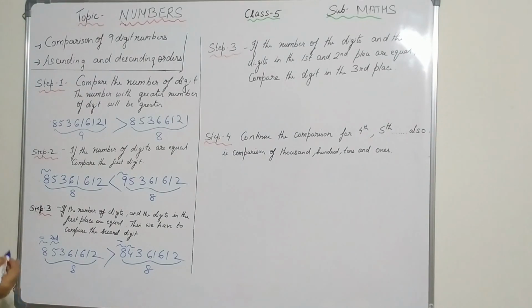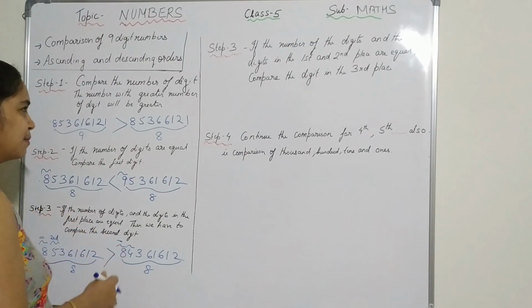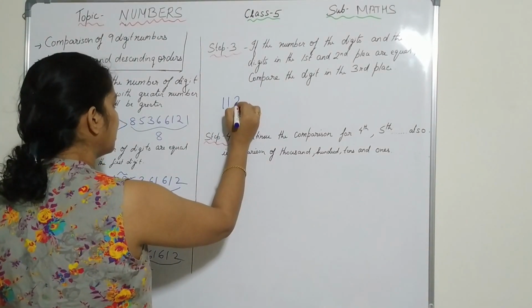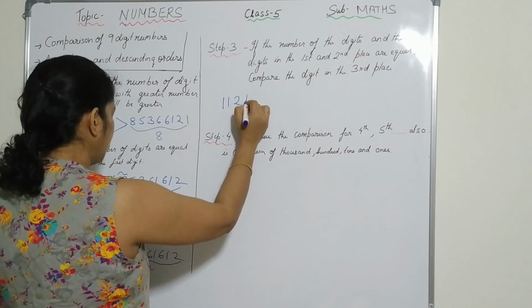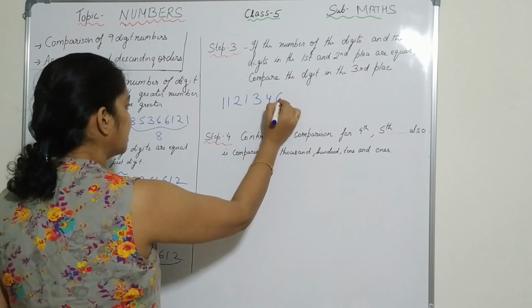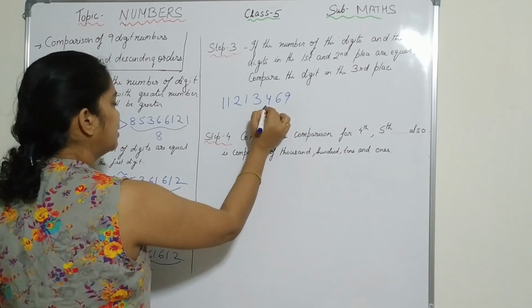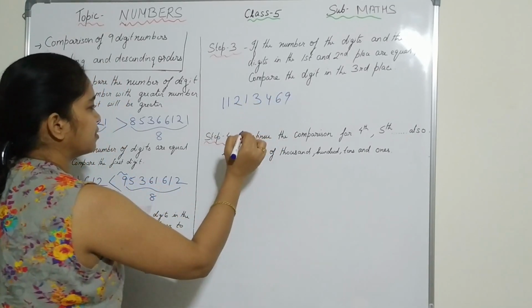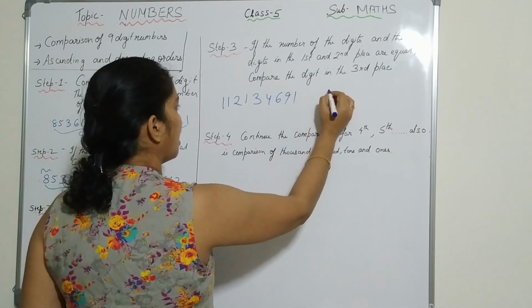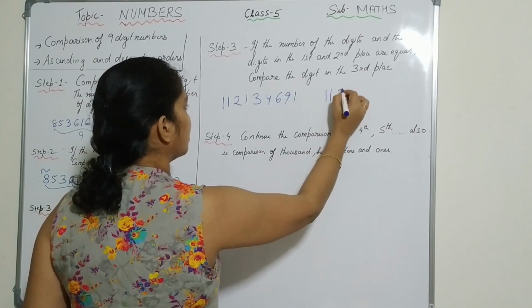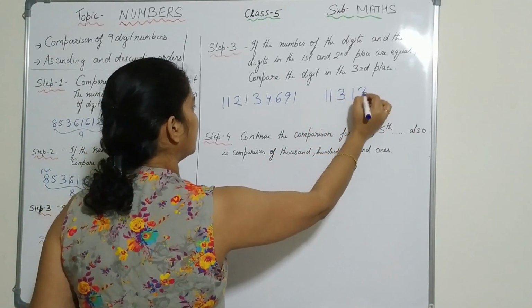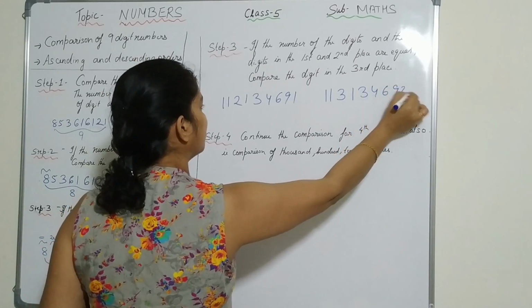The same thing continues. If I take the number 1 1 2 1 3 4 6 9 2, and another number 1 1 3 1 3 4 6 9 2, we have to compare the two. If the number of digits and the digits in the first and second place are equal, the number of digits is 9 digits over here, and 9 digits over here. Both numbers are 9-digit.